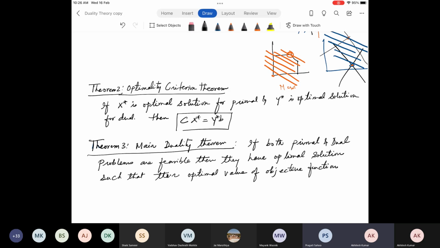G star and W star both equal 36 in the example we are working with.